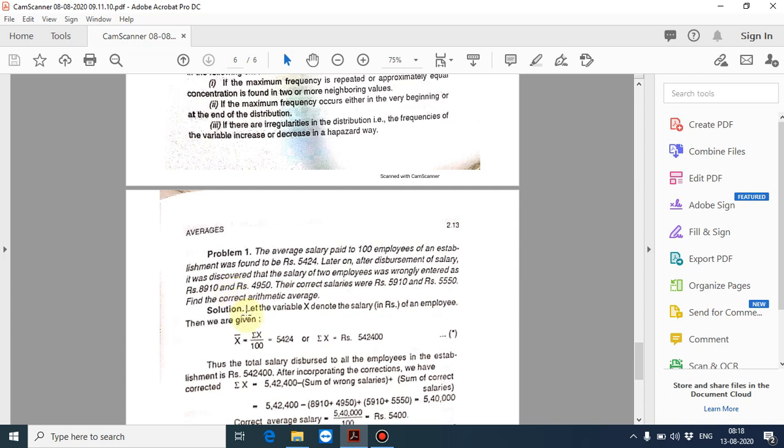Let the variable x denote the salary in rupees of an employee. Then we are given x bar is equal to 5,424. X bar means summation x by n. Therefore, summation x by 100, as there are 100 employees. So summation x by n is equal to 5,424. From summation x by 100 equal to 5,424, we can find the summation x value.